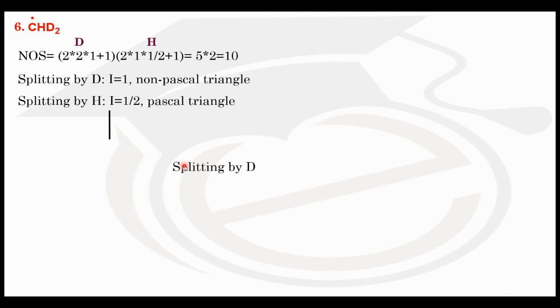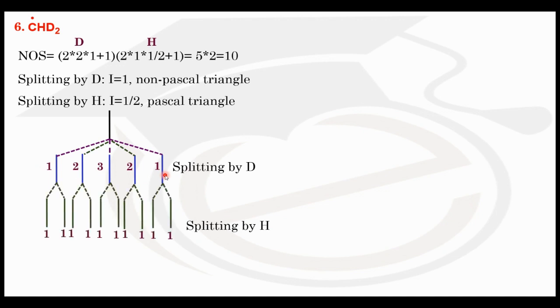First one signal will be there and it is split by deuterium into 5. The ratio will be 1:2:3:2:1. Then it is split by hydrogen into 2 and the ratio will be 1:1. So overall ratio will be 1:1, 2:2, 3:3, 2:2, 1:1.